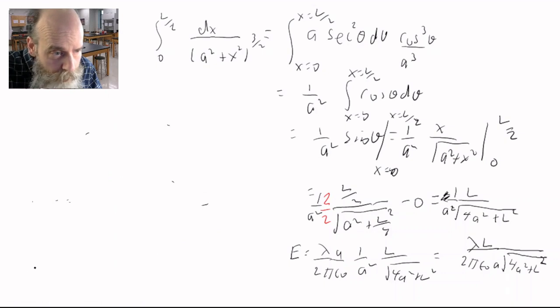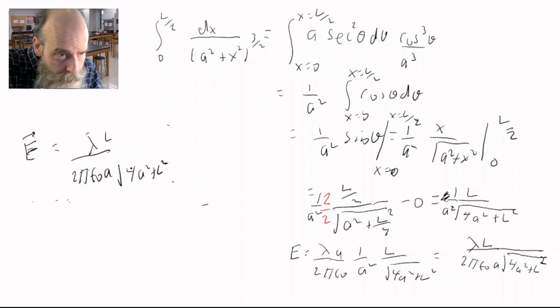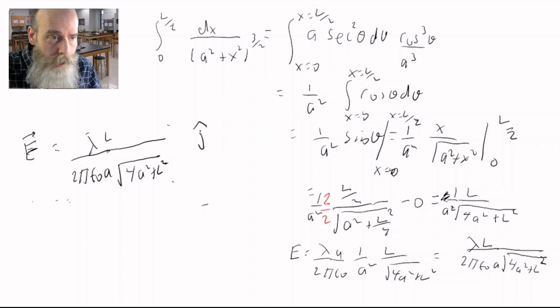So our final result, the electric field equals lambda L over 2 pi epsilon 0 a square root 4a squared plus L squared times vector j, unit vector j. So that is the electric field.